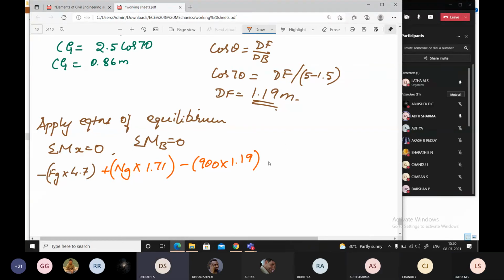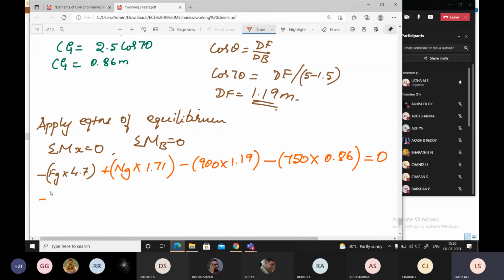Minus 750 into 0.86. Then anything else? Equals to 0. Now give me the value.